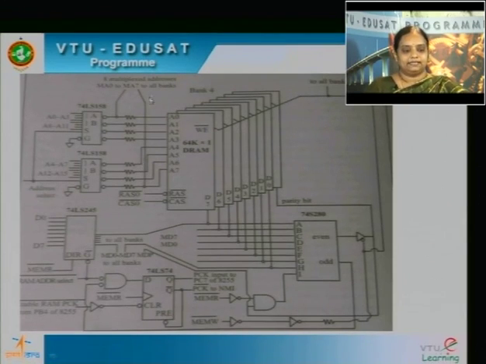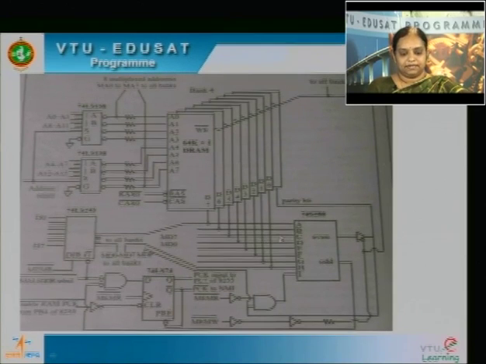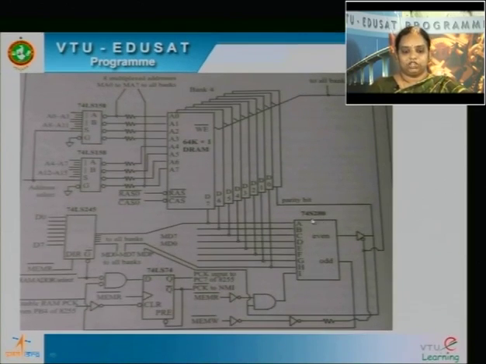So apart from the address that is known as MA0 to MA7, you also have the data. The data through the transceiver here, that is 74LS245, is fed to the 8 data pins here, D0 to D7, and along with the D0 to D7 of the data memory, it is also fed to this parity checker, that is 74280, A to H, and whatever is stored here, the parity bit is given through a NAND gate to this I, and also to the latch here, 7474 latch.